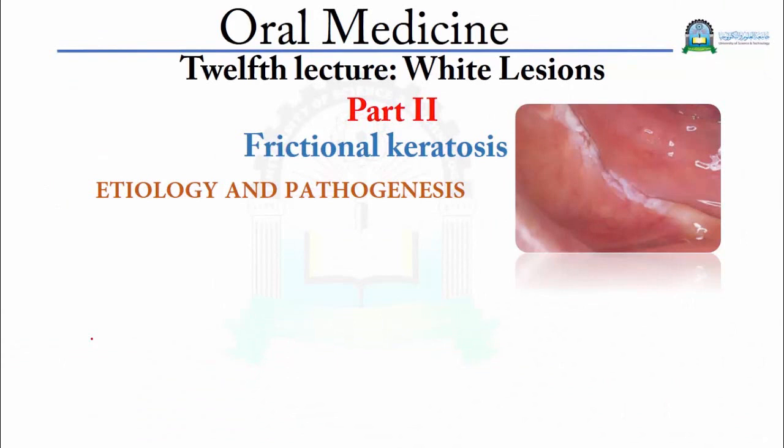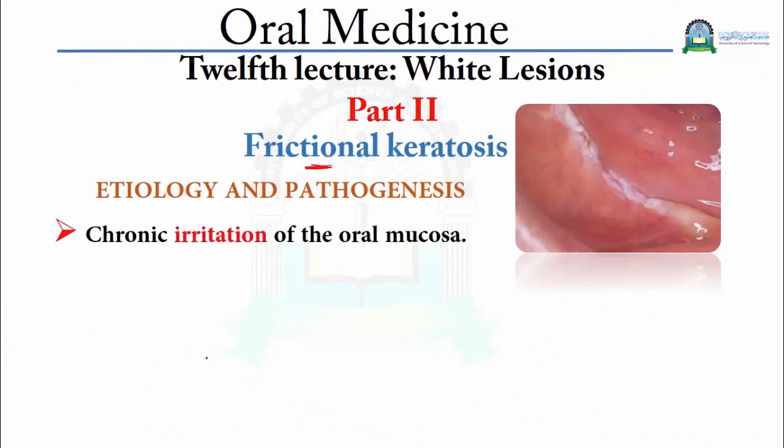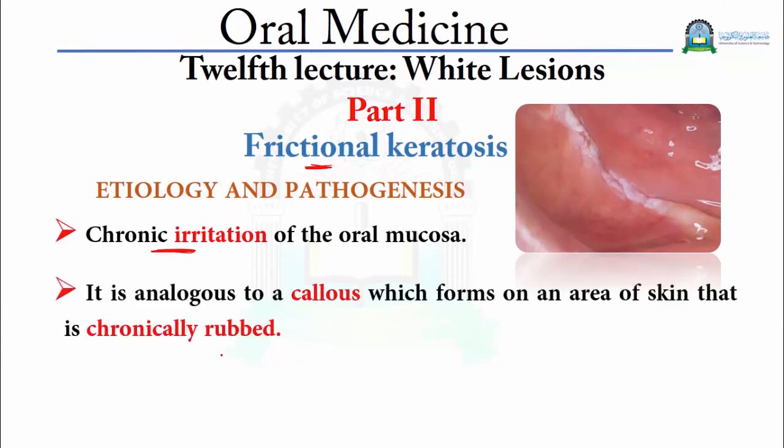The next lesion is frictional keratosis. Frictional keratosis, from its name, is due to friction of the oral mucosa, causing chronic irritation of the oral mucosa. It is analogous to a callus which forms on an area of the skin that is chronically rubbed, such as the sole of the feet.